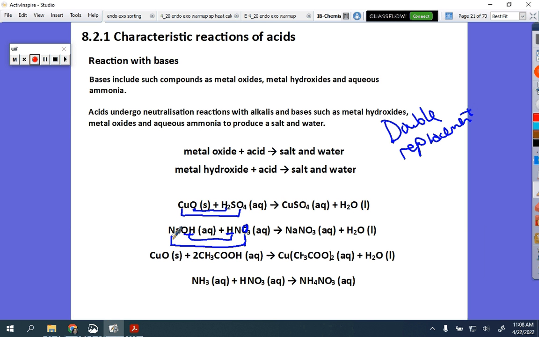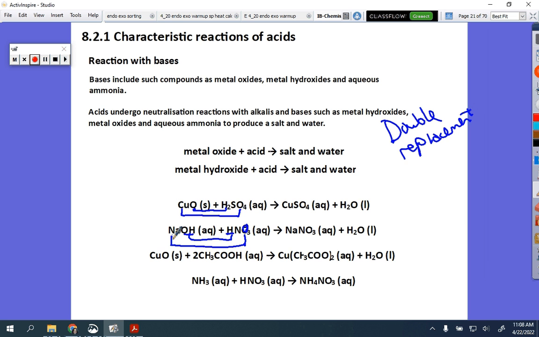You might be given an acid and a base and asked what the products are going to be. And it might give you a series of products that might be the wrong products, but it's going to be the salt, it's going to be the metal with the acid anion and water. Those are going to be the products of those reactions always.